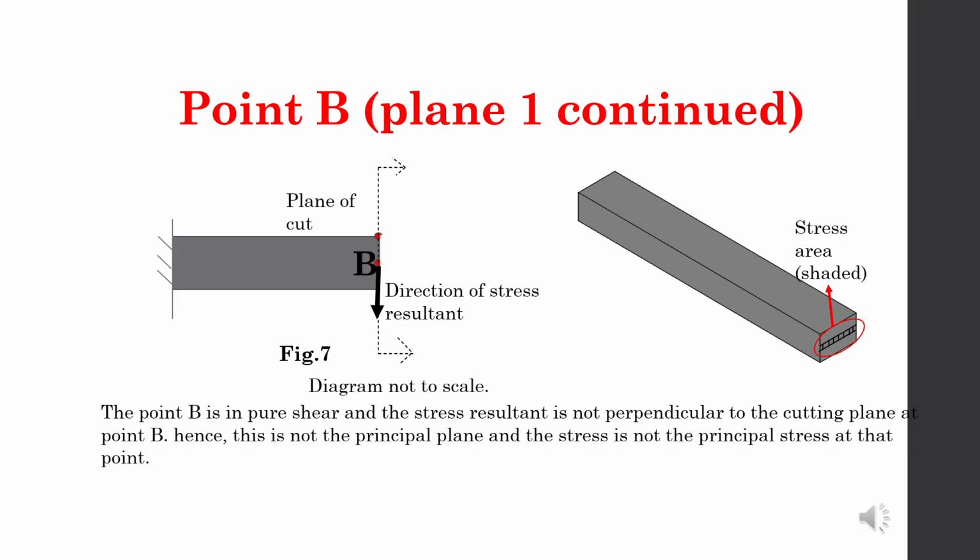So point B is in pure shear, and the direction of the stress resultant for this vertical cutting plane is downwards. So it is not perpendicular to the cutting plane, instead it is parallel to that. So this is not the principal plane.